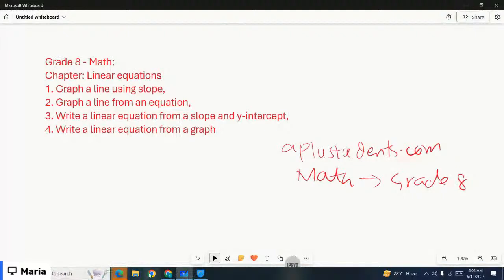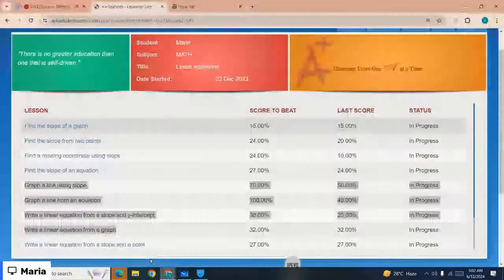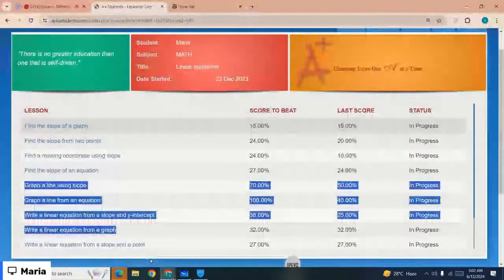So let's just start with the lesson. Here I am on grade 8 math. The chapter we are on right now is linear equation. Let's start with the lesson that is graph a line using slope.